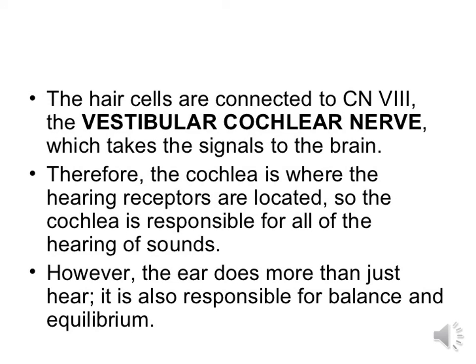The hair cells are connected to the eighth cranial nerve, the vestibulocochlear nerve, which takes the signal to the brain. Therefore, the cochlea is where the hearing receptors are located, so the cochlea is responsible for all of the hearing of sound. However, the ear does more than just hear, it is also responsible for balance and equilibrium.